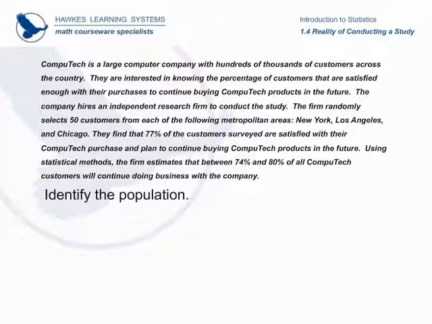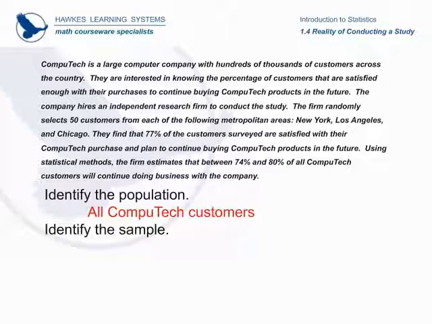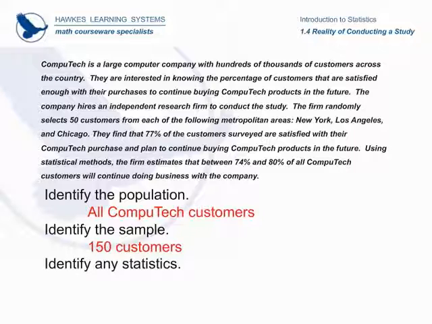So first we need to identify who the population is. The population is all Computech customers. Then we would identify the sample. The sample is the 150 customers that were surveyed, 50 from New York, 50 from Los Angeles, and 50 from Chicago, and that would give us our sample size of 150 customers.